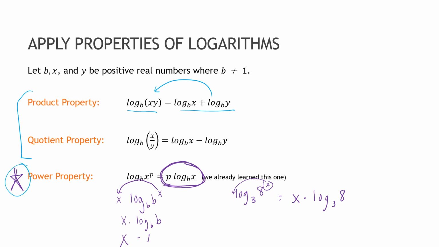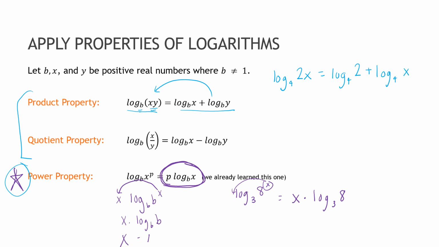So the product property says if you have a common base and you have a log of two things, so let's say log base 4 of 2x, I can write that as log base 4 of 2 plus log base 4 of x.